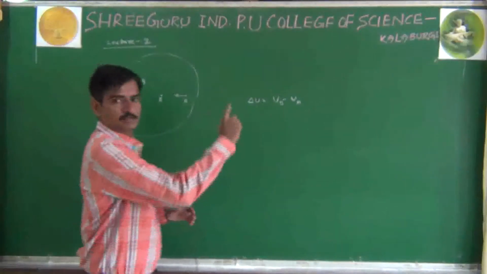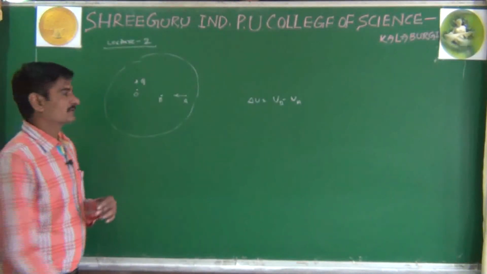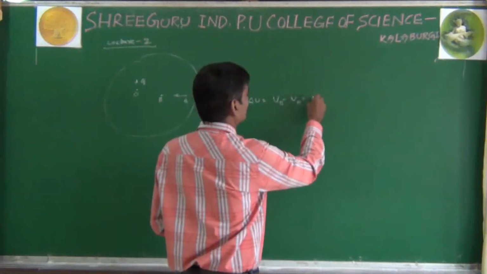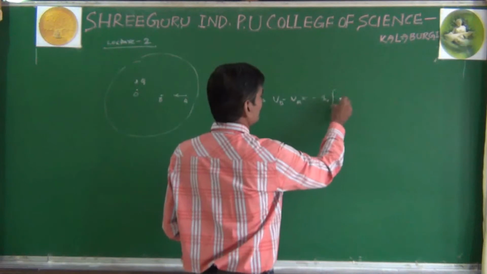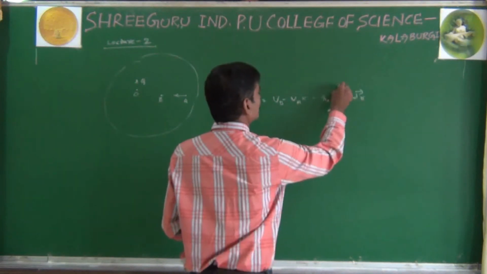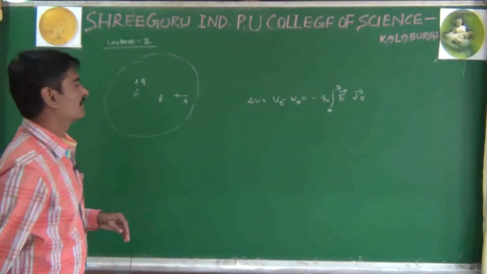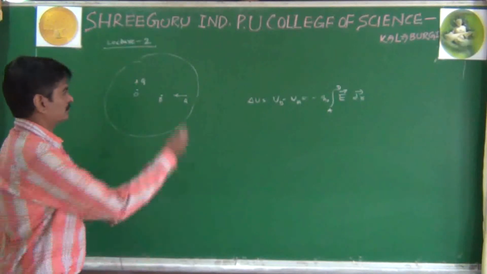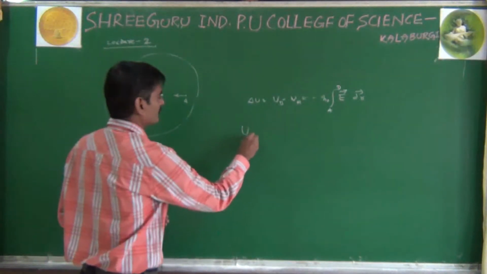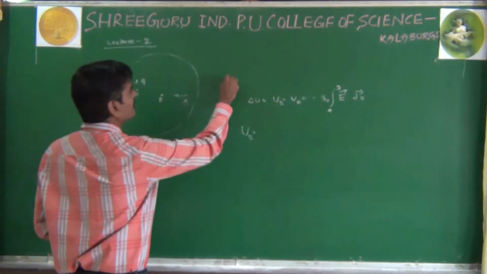That work done is stored as the electric potential energy between these two charges, which we determined previously: minus Q naught integration of vector E dot dr from A to B. Then we determined the potential energy at a particular point, UB, by taking point A at infinity.